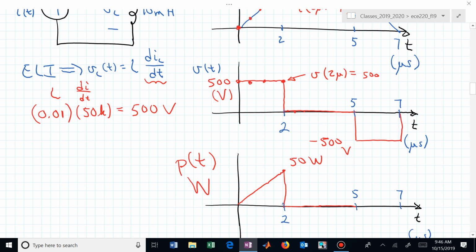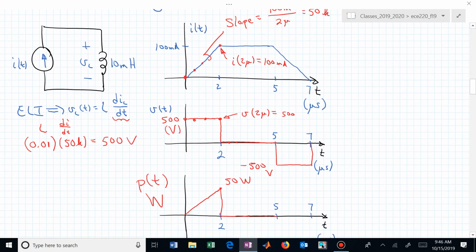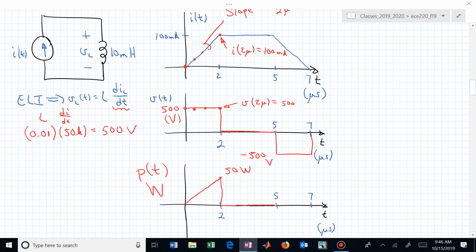What happens between 5 and 7? What's the shape? Is that it? No. What is the shape? It's just a point-by-point product at each individual time.